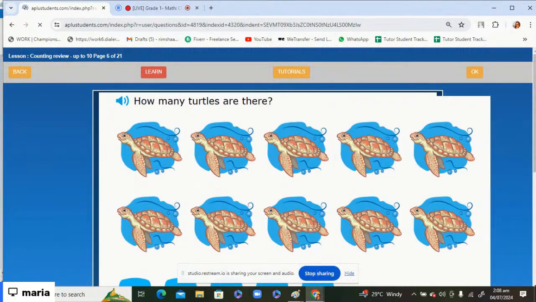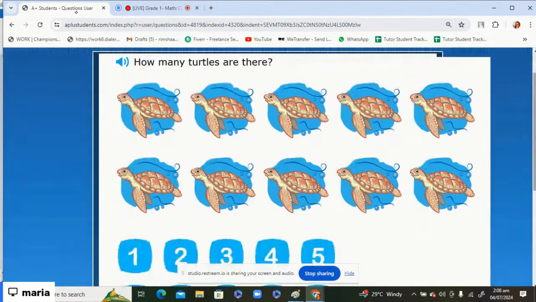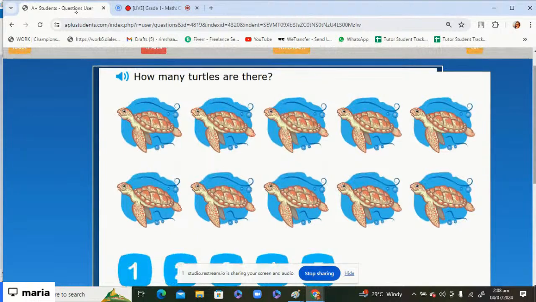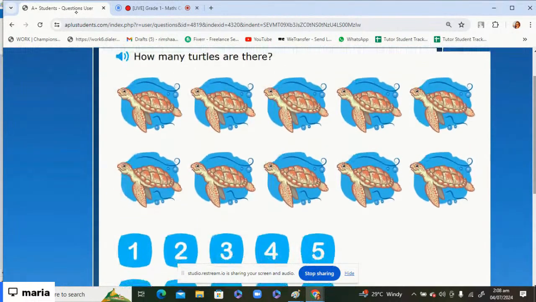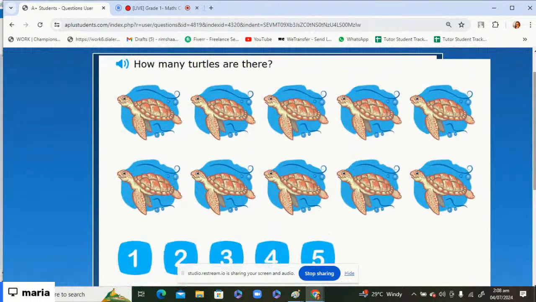All right, it's good. Okay, now tell me how many turtles are there? So count it all and then tell me how many total are there. Let's just count together. Okay, it's one, two, three, four, five, six, seven, eight, nine, and 10.